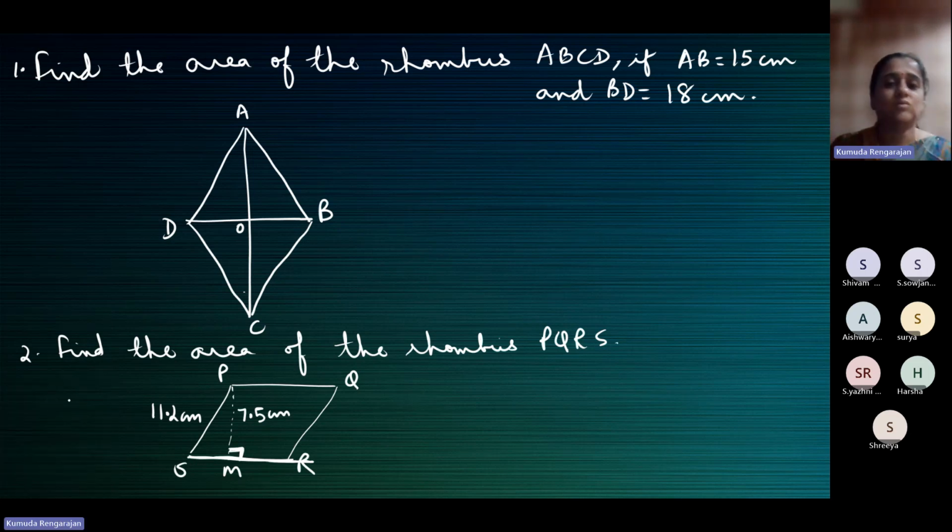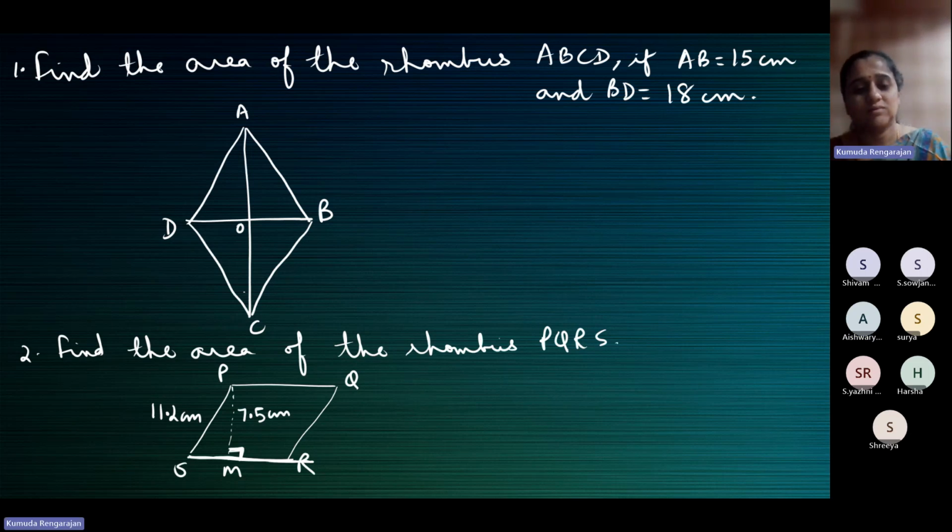So Aishwarya, you got the right answer, but not able to answer my question. Otherwise, your answer is right. No, I'm in a hurry. I thought 11.2 was the base, so I multiplied those both, and I did get 84 actually. No, but the altitude does not fall on the side PS, right? Yes, ma'am, I get it now.